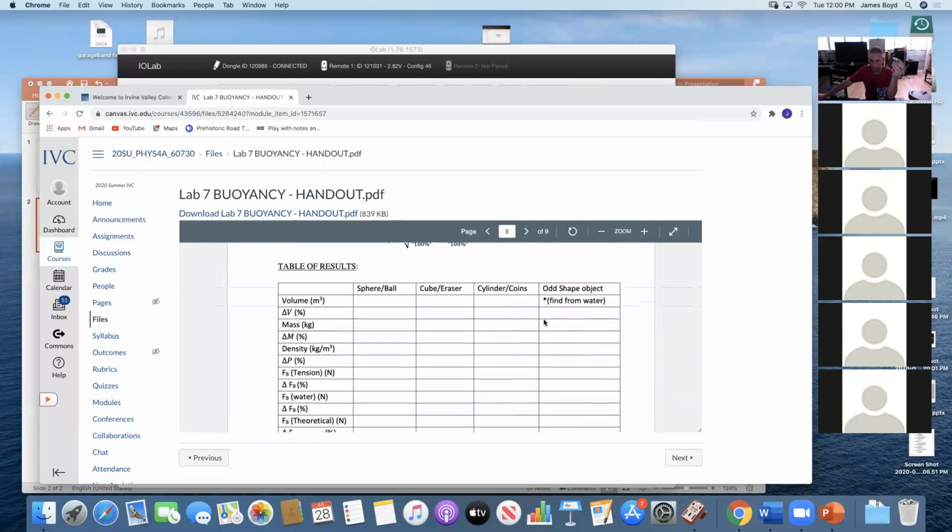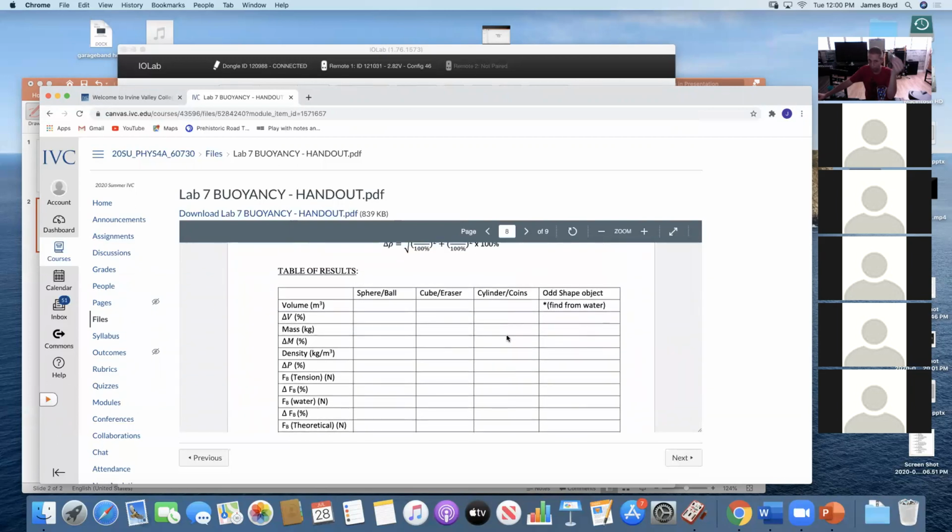Your density for your cylinder of coins should give you the density of copper if these are copper. I'll tell you right now, your number is probably not going to be copper. They're mostly copper, but not entirely copper. And they're also in a bag with some air, and they're not a true cylinder because there are some gaps if you really look closely.